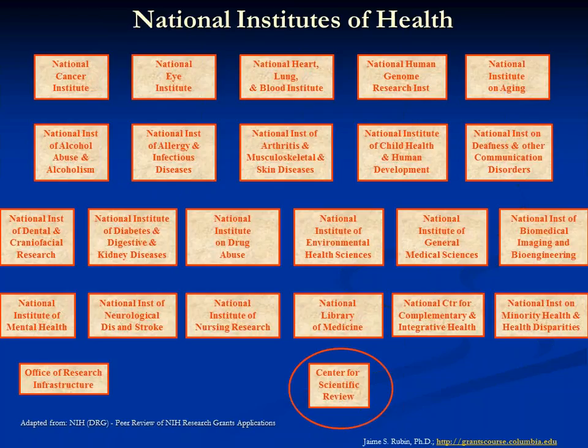And I've circled that because I wanted to highlight that one of the things many people don't realize is that while the National Cancer Institute might accept the grant application, might fund the grant, the award, it is in fact not reviewed at the National Cancer Institute. The grant is reviewed at a completely separate entity within NIH called the Center for Scientific Review.